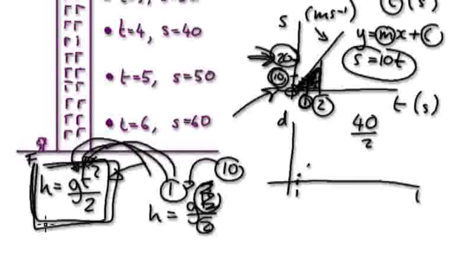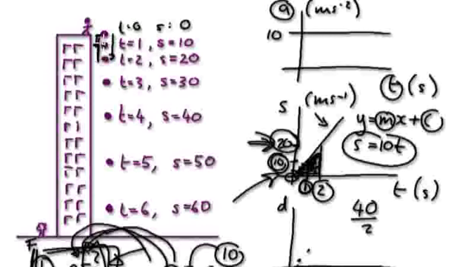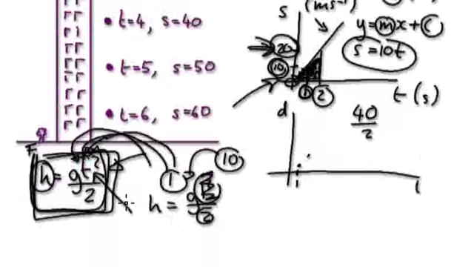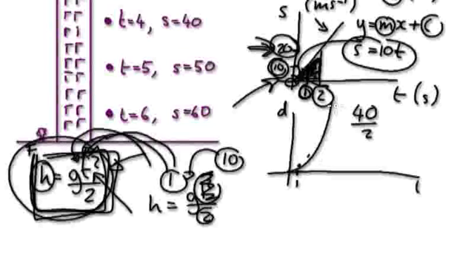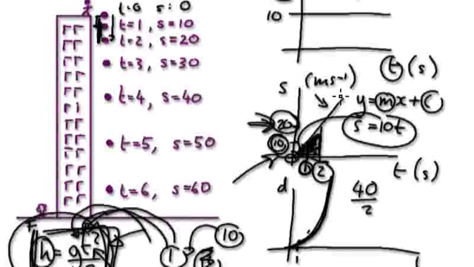Or you can use this formula here and put 2 into here, and then h is the distance or the height. h is the distance traveled downwards. So you can use this, or you can use this, and it turns out that your distance time graph will look like this.